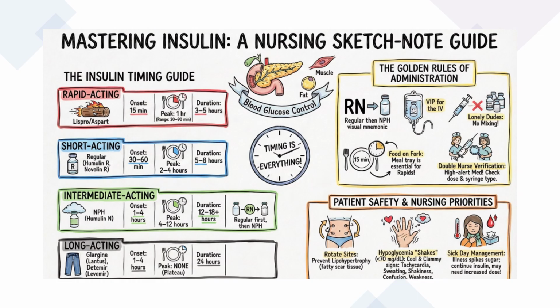So particularly that rapid or short acting, if their blood sugar's low and they're not eating, then yes, I don't want to give them insulin, right? But it is important to know that when a person is stressed or when they are sick, their blood sugar is going to be elevated, okay? So even though they may not be eating, they might need to take insulin, they might need an increased dose.